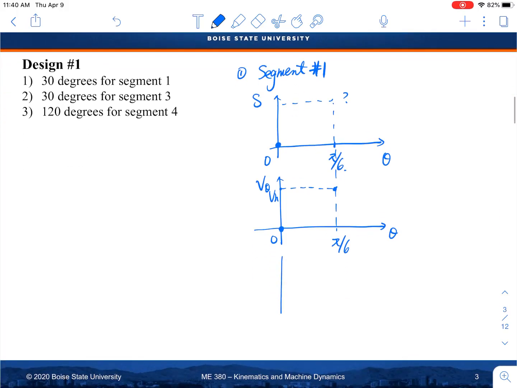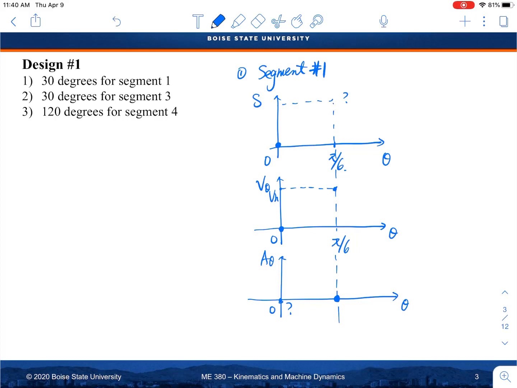And then in the acceleration plot, theta, the same angle values. And then we don't know if it's starting from 0 or not. So the first point is a question mark. And then we know that this point is definitely given. So that's 0. All right.